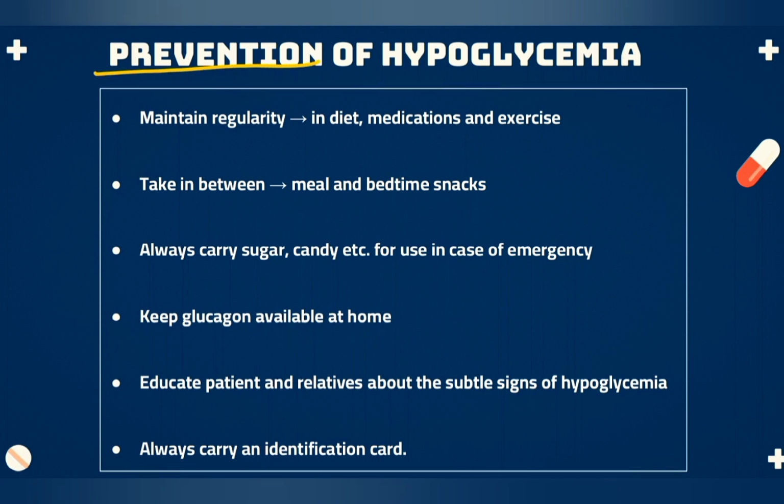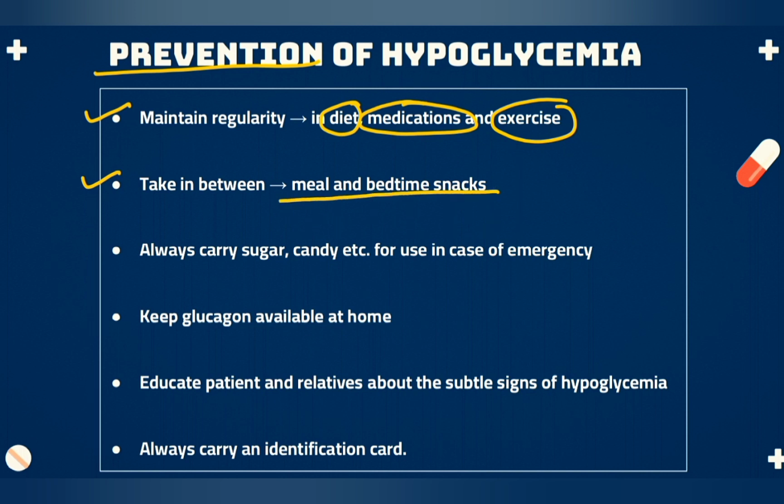We need to maintain regularity in respect of the diet, medications, and exercise schedule of the person with diabetes. The person is advised to take meals and bedtime snacks to prevent hypoglycemia as well as nocturnal hypoglycemia. The person should always carry sugar or candy along with them as a hypoglycemic emergency can take place anytime.